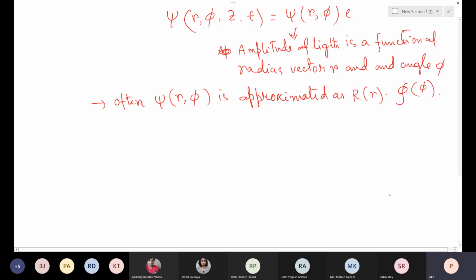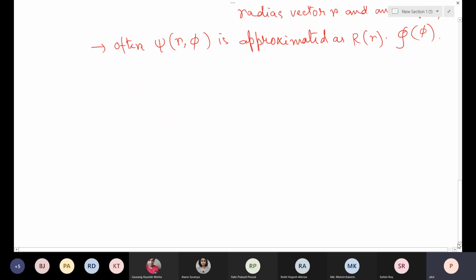So this is with the assumption that the variation of the amplitude along r is not dependent on the amplitude variation along phi. So then we can write these two in the product form.